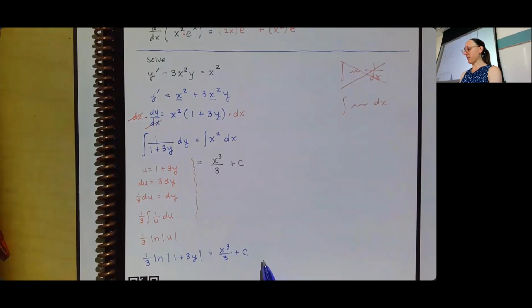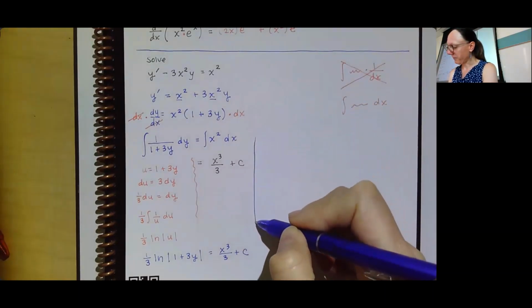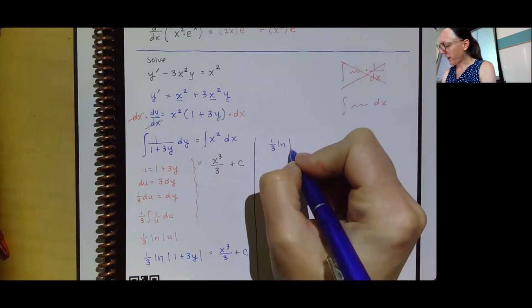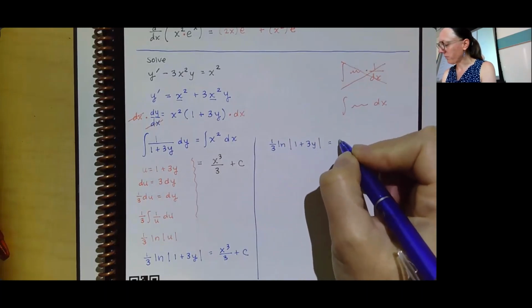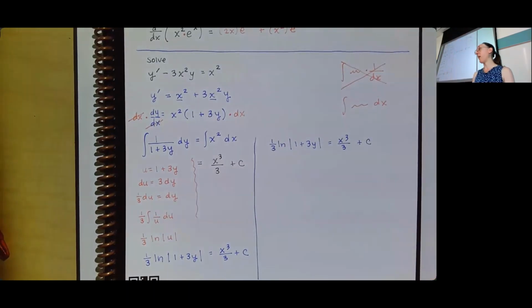Okay, time for some algebra. So I've got 1/3 ln absolute value of 1 plus 3y equals x cubed over 3 plus a constant. Now, I'm going to do a very mathematician-y thing. And as I move through this, I'm going to keep collecting my constants together.